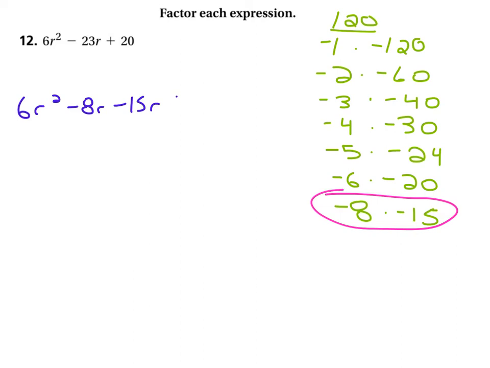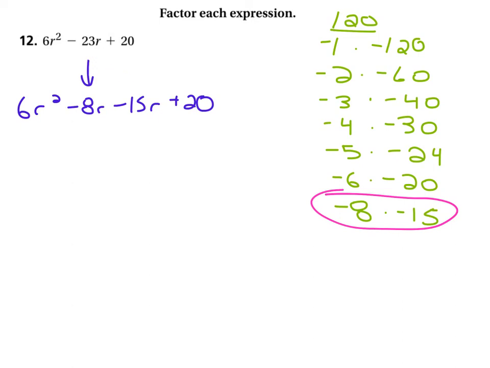And then finally, our last term stays the same. Okay? All we've done after multiplying a and c together and finding the factors that add together to our middle term, we split that into two pieces, and it's still equal to the same thing.